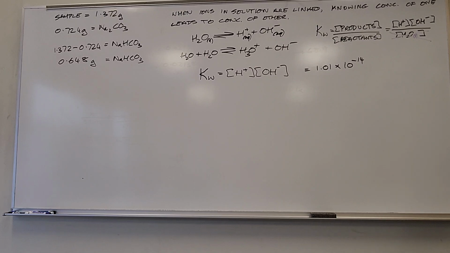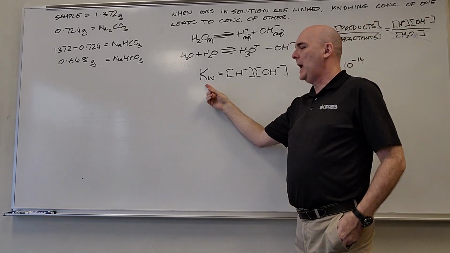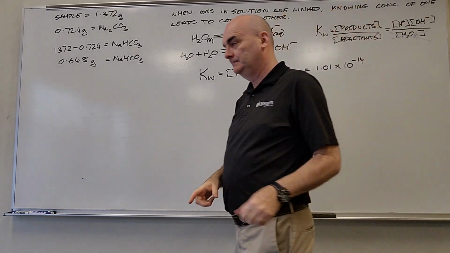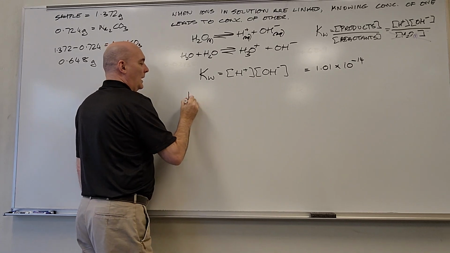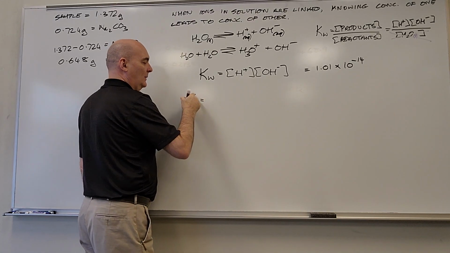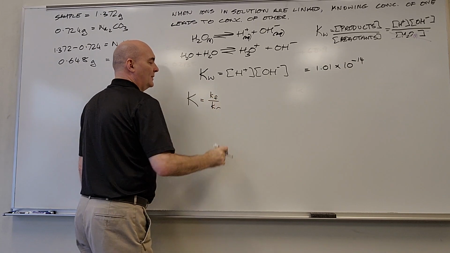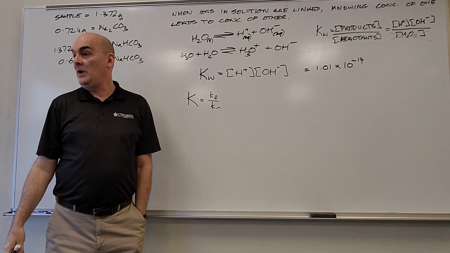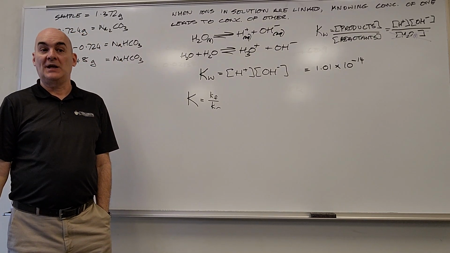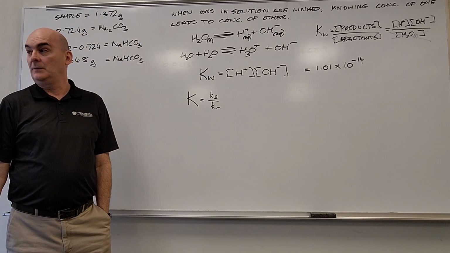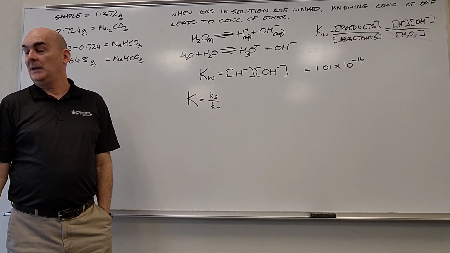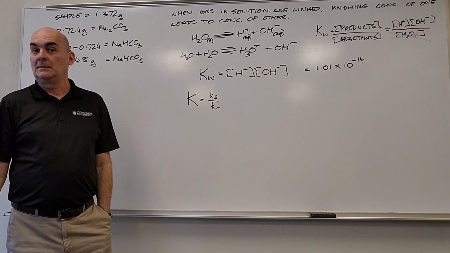Okay. I'm missing something really important. This is a K. And K, equilibrium K, is the k forward divided by the k reverse, lowercase k, rate constants. And every time you tell me a rate constant, you have to tell me units.